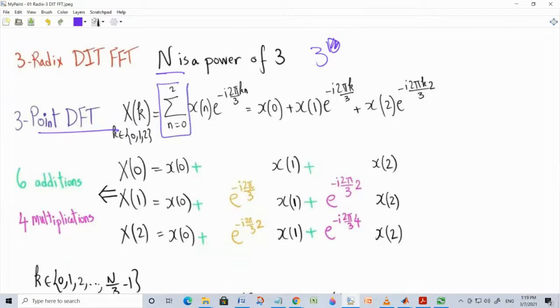It has 3 terms in this summation, and you can write down the sum in this expanded form as x[0] plus x[1] e^(j2πk/3) plus x[2] e^(j2πk·2/3). And then you need to compute this thing for k equals 0, k equals 1, and k equals 2. So this is everything explicitly.